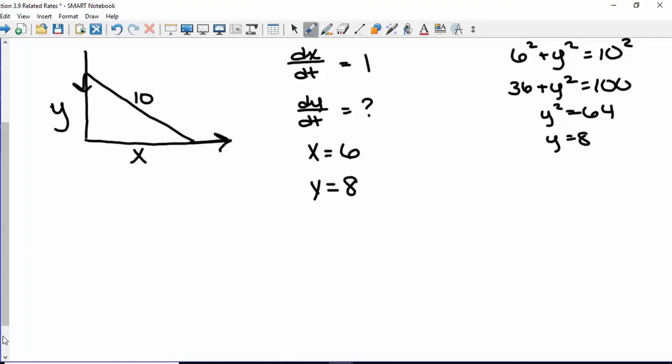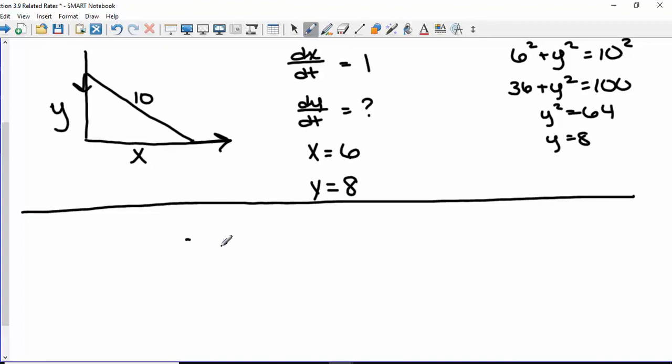So then, our equation would be what? y squared plus x squared equals 10 squared.